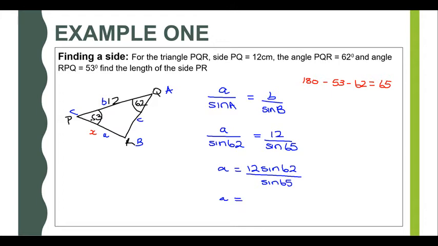So A is equal to 11.7 centimetres to 3 sig fig. So we can say that PR is equal to 11.7 centimetres to 3 sig fig.